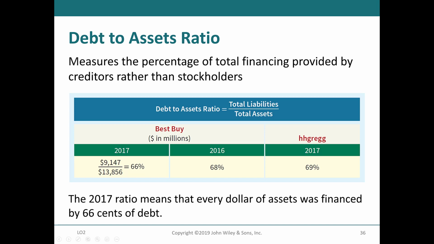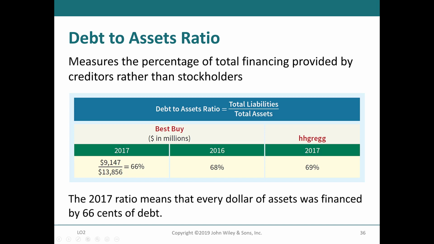2017. Okay. We see in the financial statement that our total liabilities is 9,147, and for our total assets, we have 13,856.